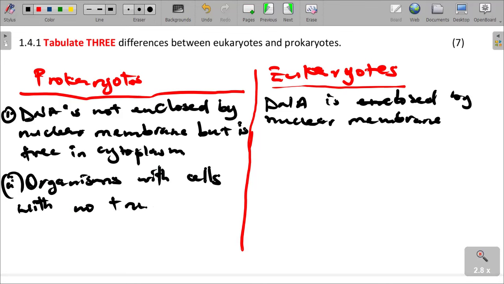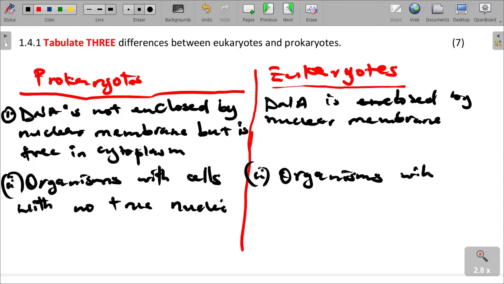But the eukaryotes are organisms with cells that have true nuclei. The eukaryotes have true nuclei.